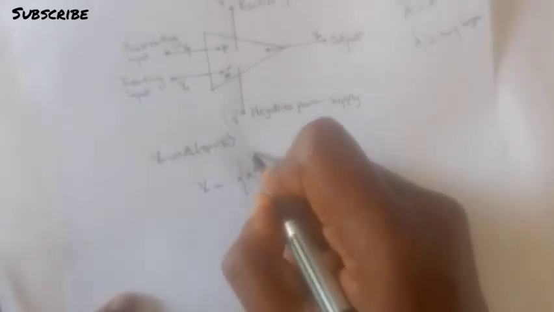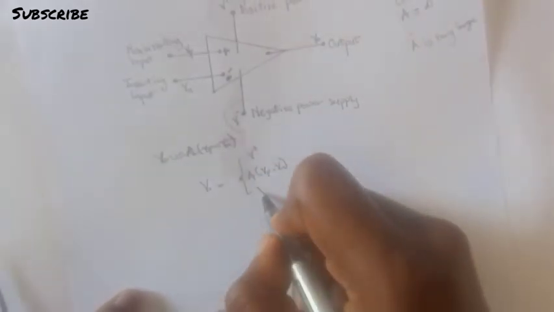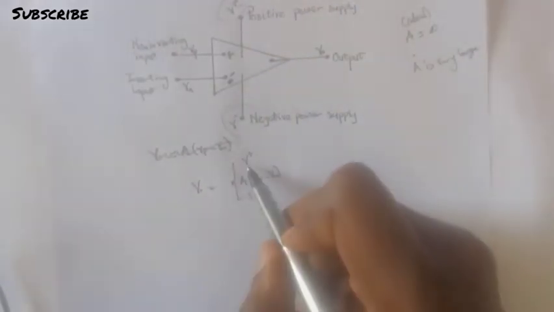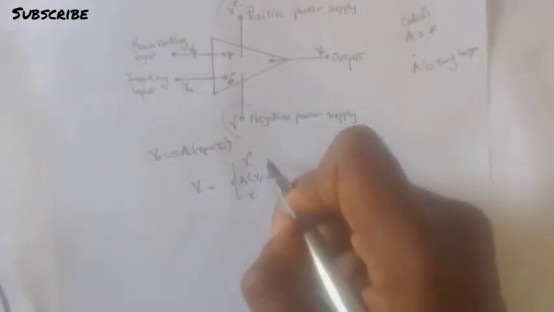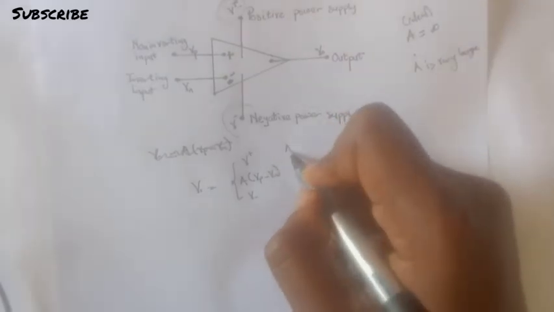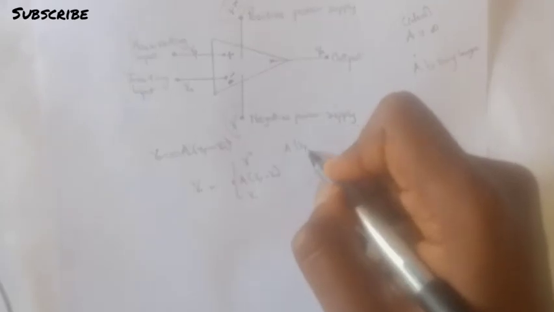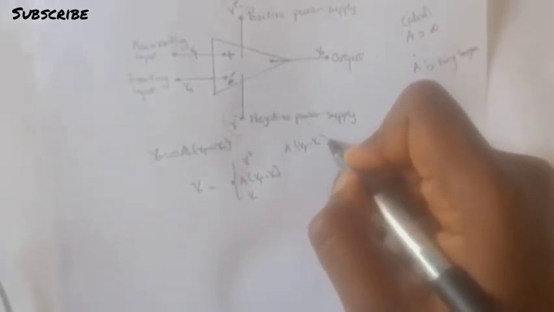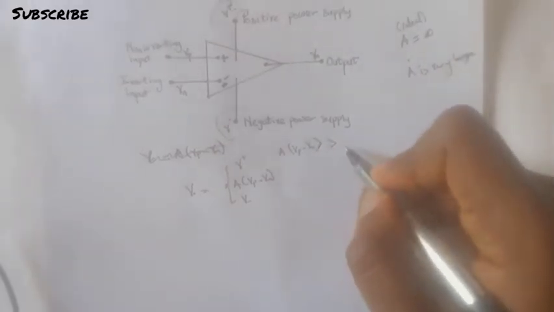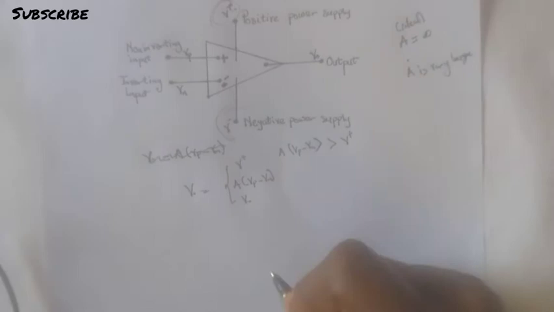We have V plus in the case where A into Vp minus Vn is greater than V plus.